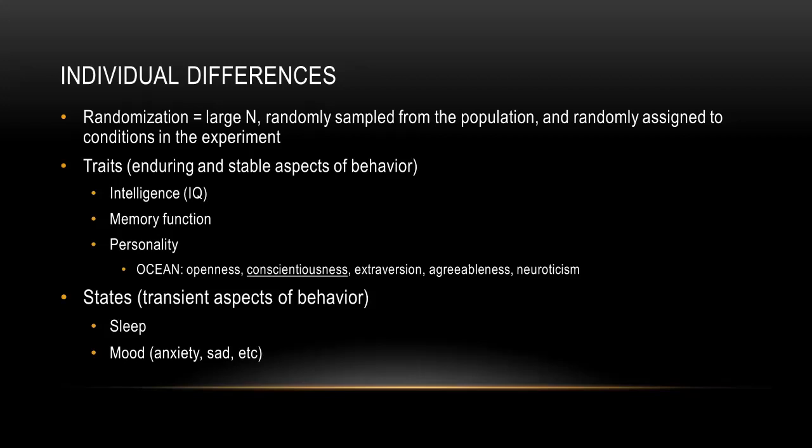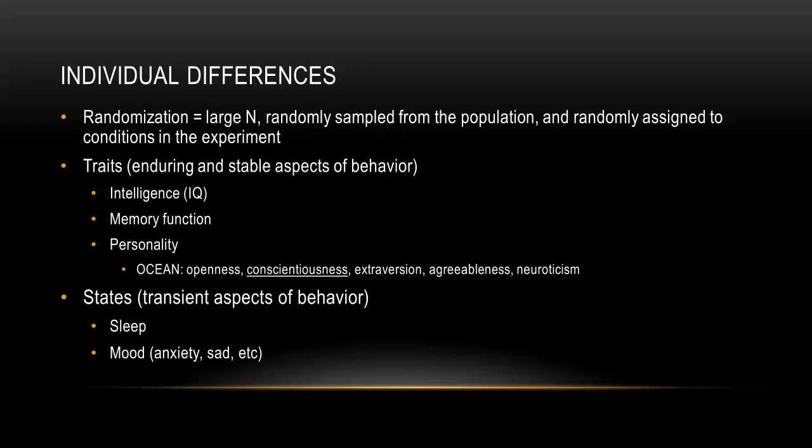And so if you're conscientious and you sign up for a research study as a participant and you show up and the experimenter gives you some instructions, you're going to say, okay, it's important that I follow these instructions and do a good job. That's a conscientious person, right? So these kinds of individual differences, high IQ, high memory function, high conscientiousness, maybe some other personality traits, could all affect performance on the test.